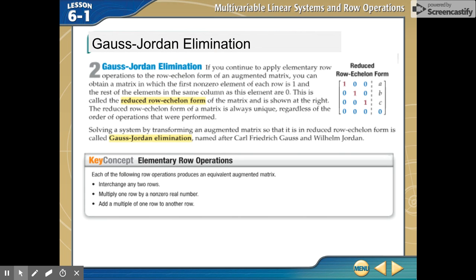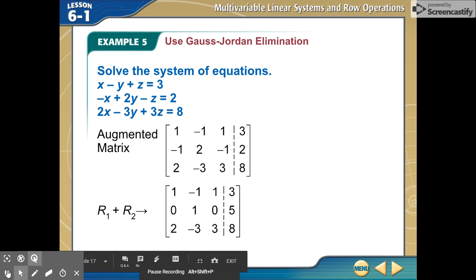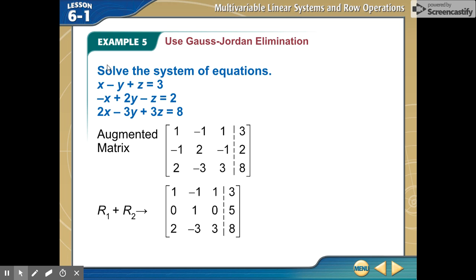All right, we can get from our augmented matrix into row echelon form by using these key concepts of row operations. What we're trying to do is take our system of equations, which is up here, write an augmented matrix, and then transform things to drop them out.